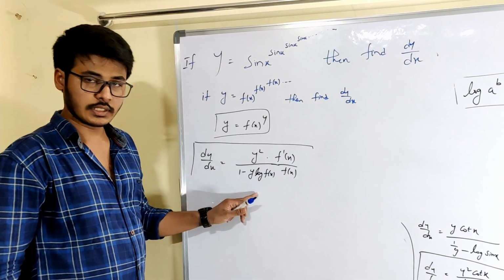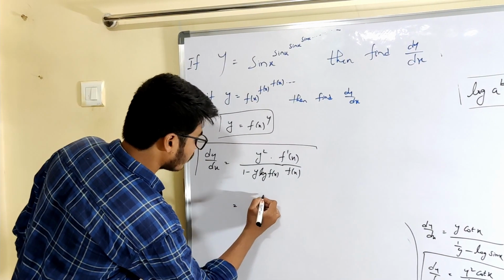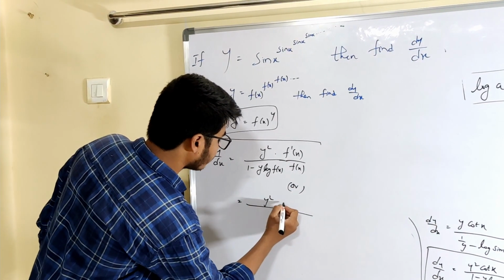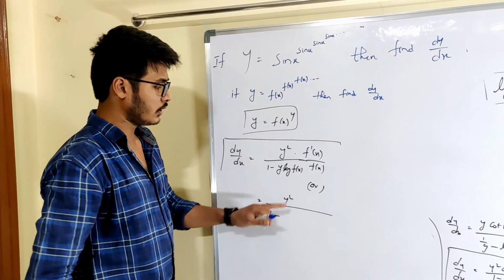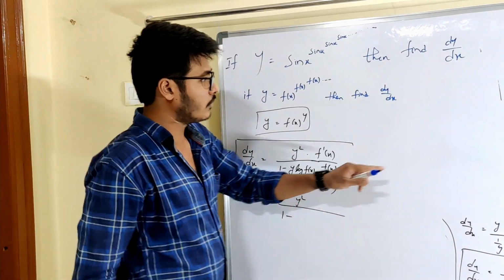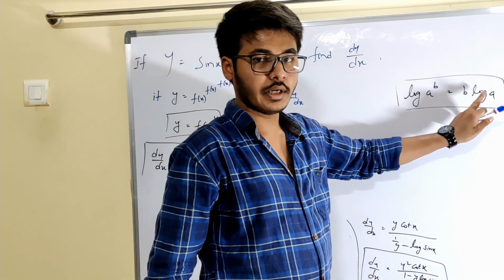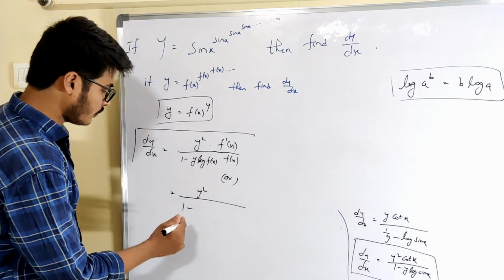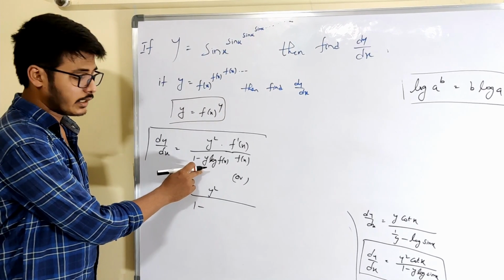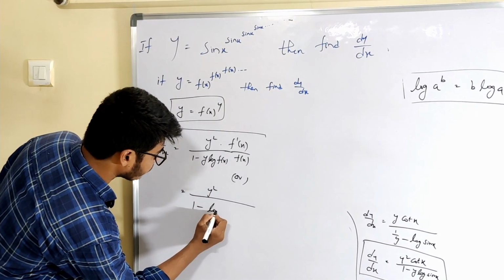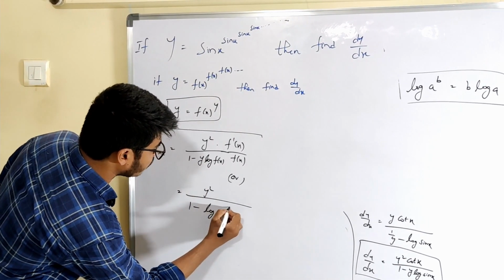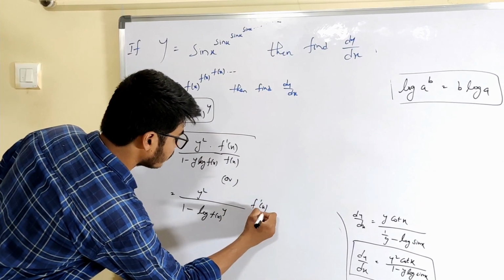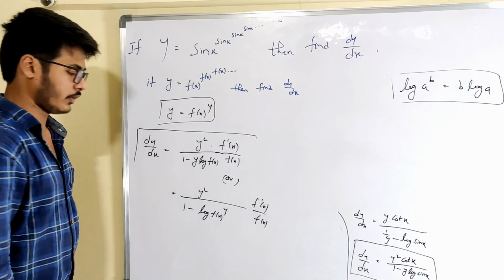Or we can also write this as y square divided by 1 minus, here this is in the form of b log a, we can write it as log a power b. So here we can write it as log of (f of x) to the power of y and f dash of x by f of x.